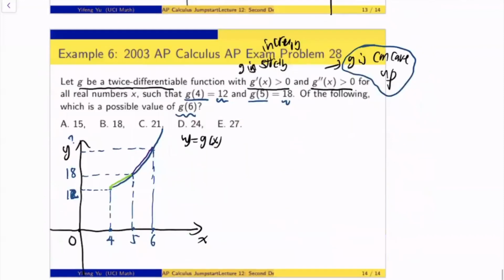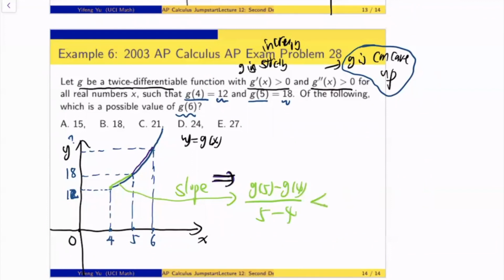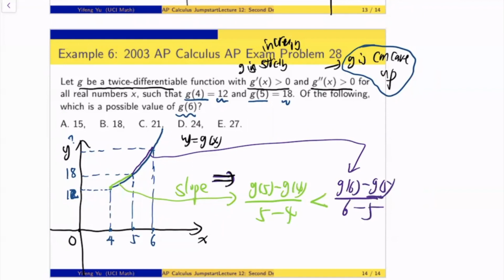So by this geometric feature, the slope of this part, G(5) minus G(4) divided by 5 minus 4, is less than the slope of the piece on the right, which is G(6) minus G(5) over 6 minus 5.